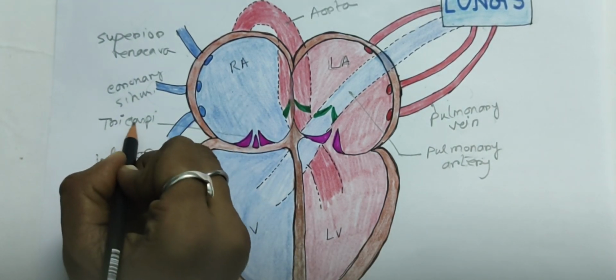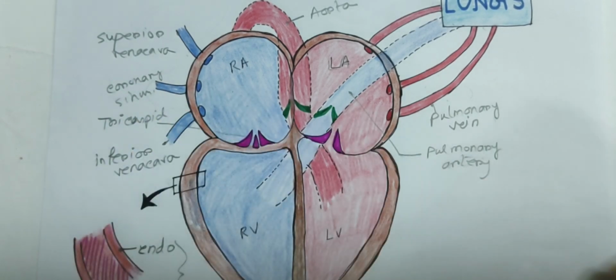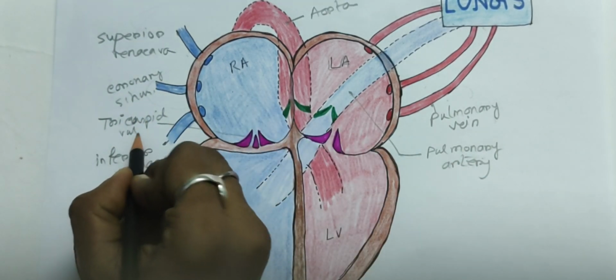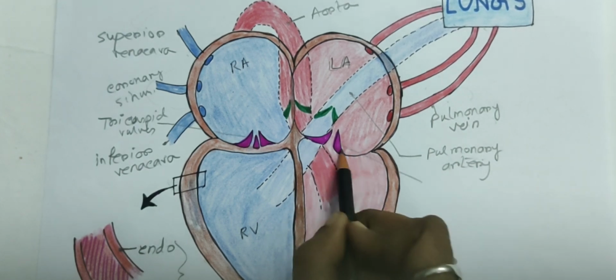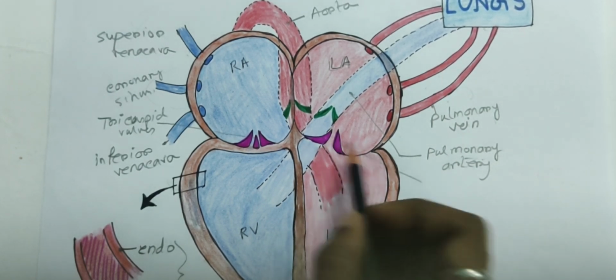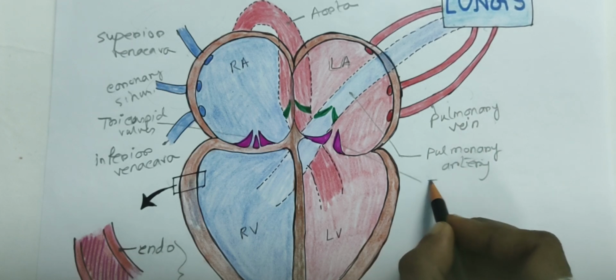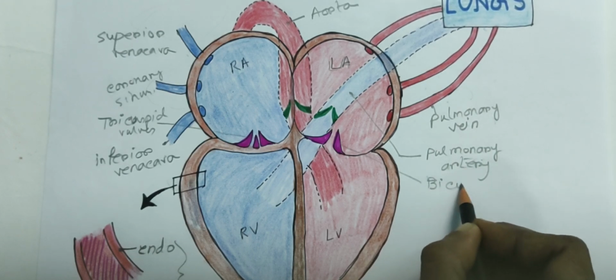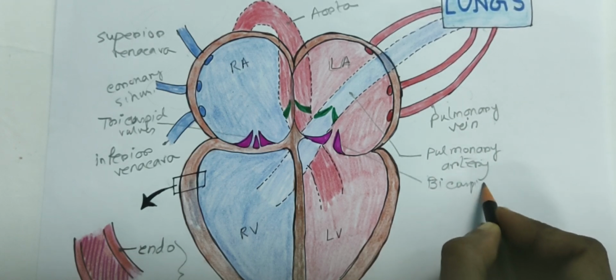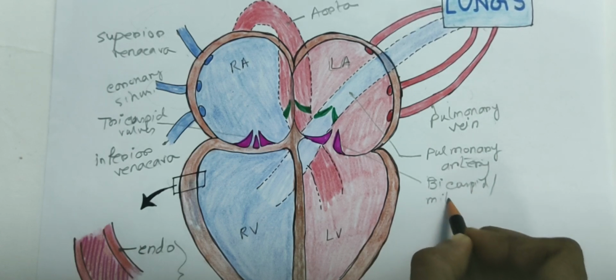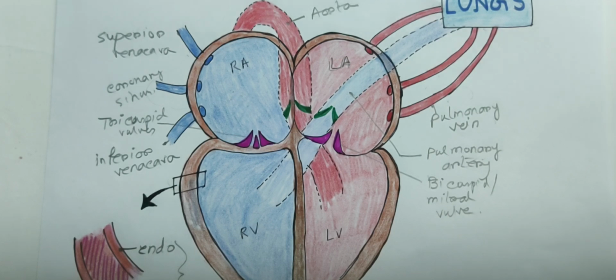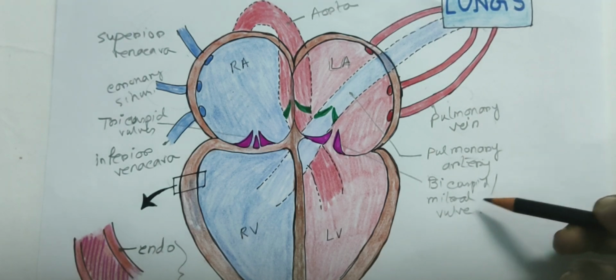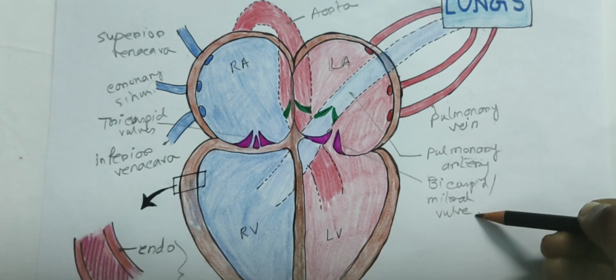And this one has two cusps, so it is called the bicuspid valve, or the mitral valve. Tricuspid valve and bicuspid valve, or mitral valve.